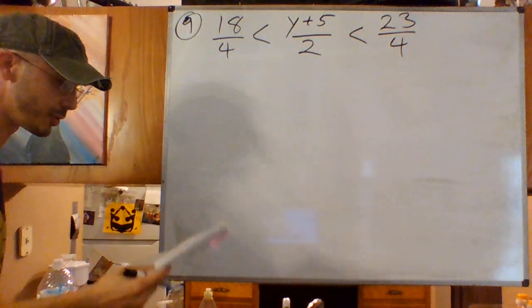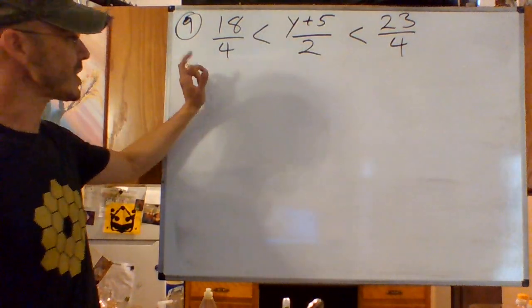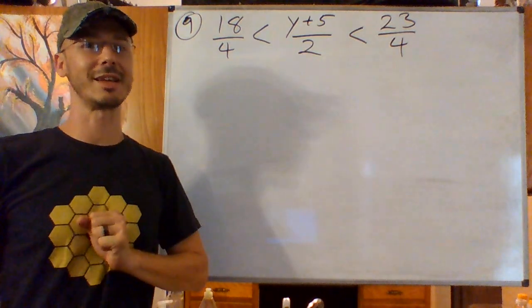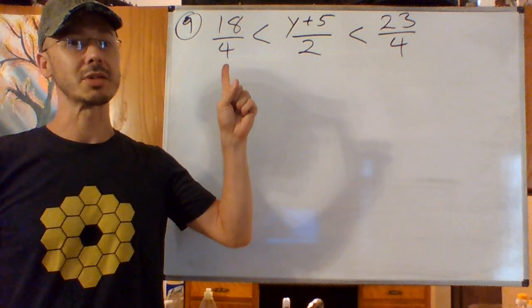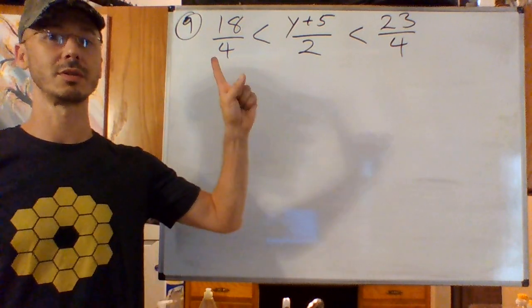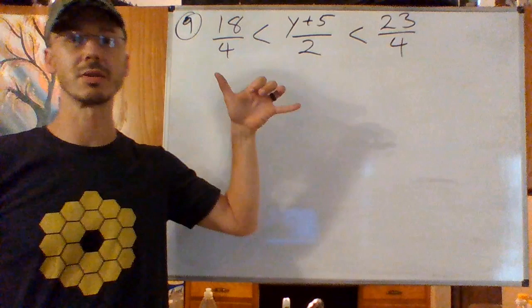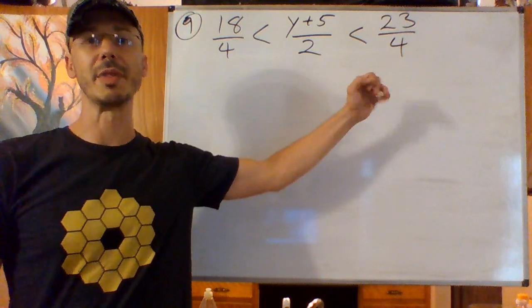Whoa, that's a mouthful. Anyway, this looks a lot like that last fraction problem we did. Different though. That last one, when I simplified the numbers, the bounds or the bookends of the number parts, were both whole numbers.